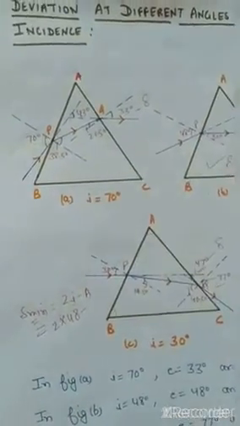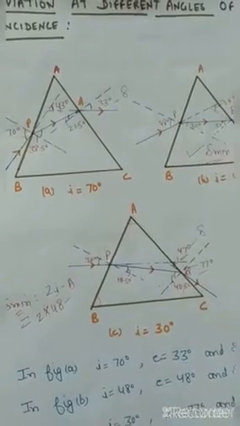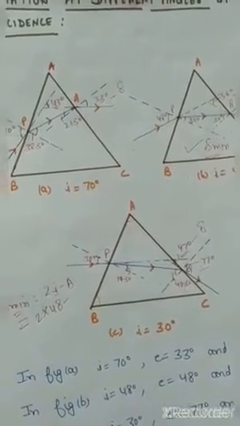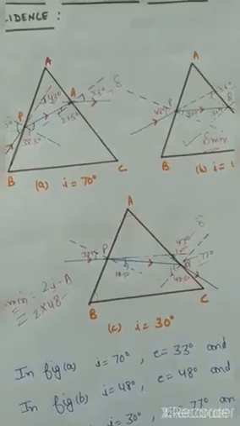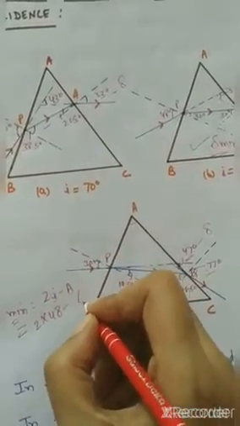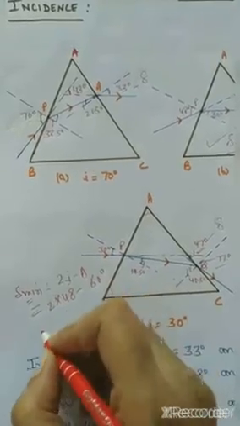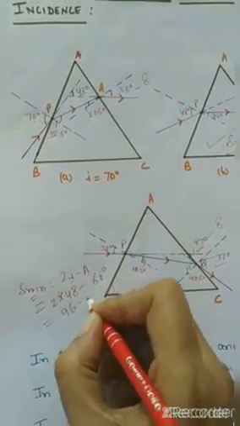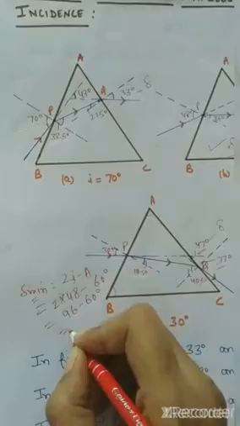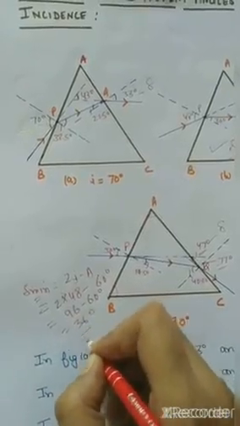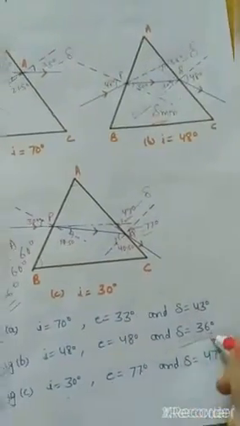In the case of an equilateral prism all angles are equal, so in that case we get the minimum deviation, and A will be 60 degree. So 2 into 48 is 96 minus 60 degree, so this will be 36 degree. So you can see that delta is coming 36 degree.